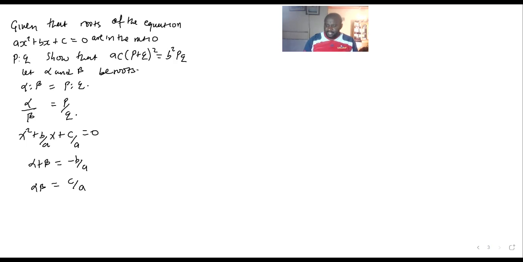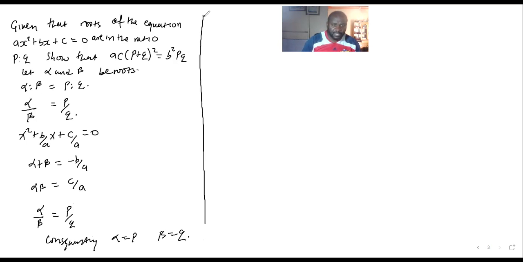Okay, so with that, remember we have seen that if alpha over beta is equal to P out of Q, then consequently alpha is equal to P and beta is equal to Q. So we can substitute and say PQ is equal to c out of a.